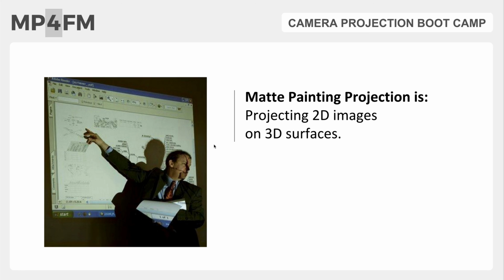He has this image being projected on him. You look at these lines in the background, and obviously they're straight lines. But as they get projected on him, they curve around the 3D object. And because it's projecting on a 3D object, now that 2D image has form and it has shape.